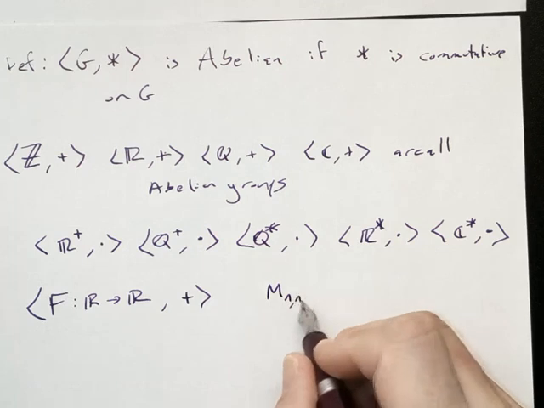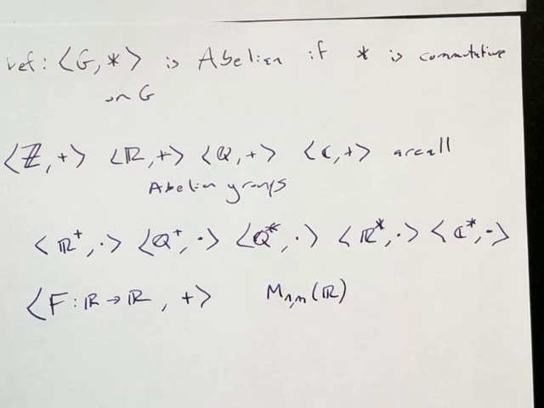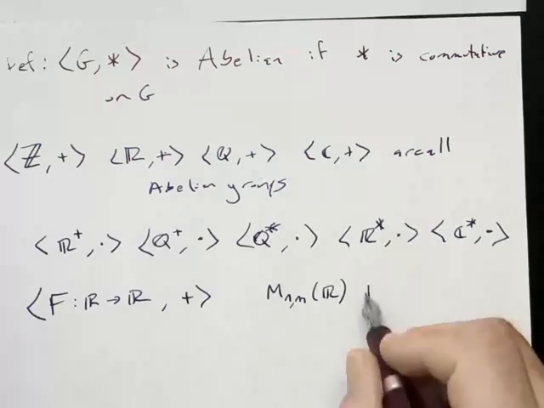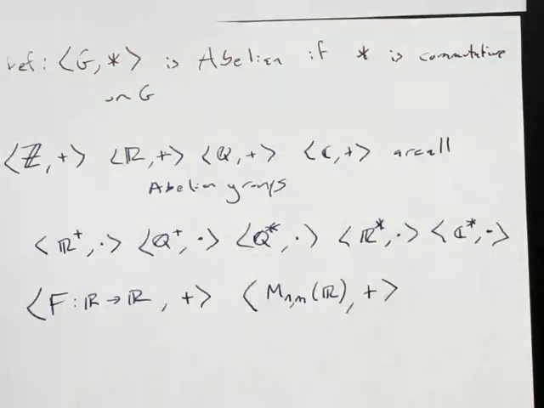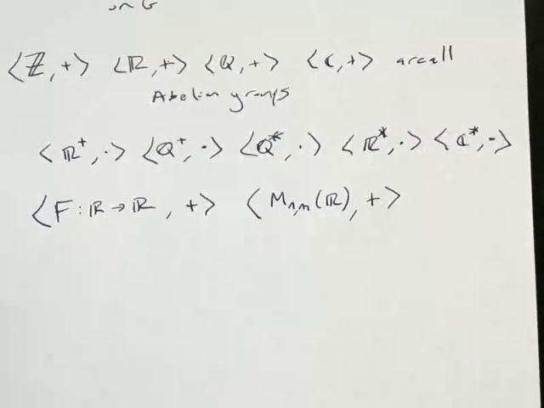Matrices of a particular size with real entries, that's an abelian group under addition. What about under multiplication? Either of those?